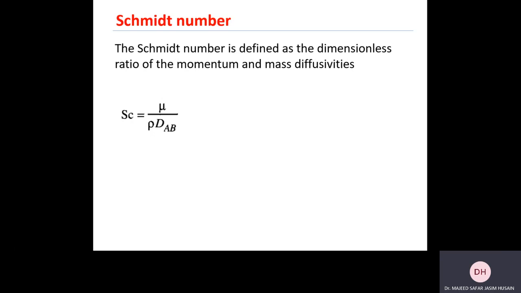So if you look at the equation in front of you, Schmidt number is equal to dynamic viscosity divided by rho, divided by mass diffusivity, DAB. Viscosity divided by rho, we call momentum diffusivity. So this ratio of momentum diffusivity divided by mass diffusivity is called the Schmidt number.